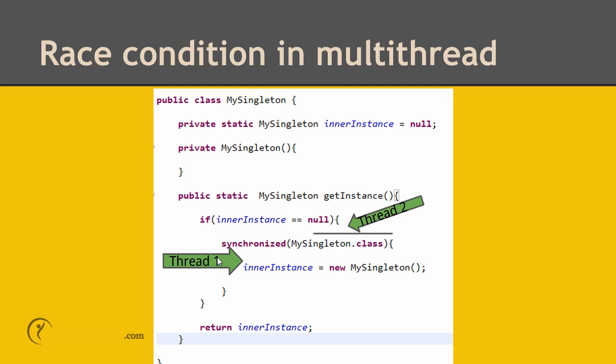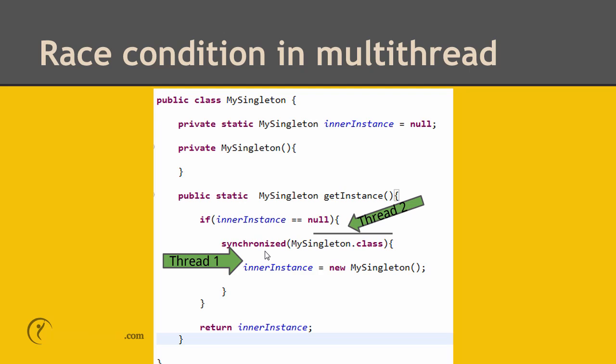Here thread 1 will initialize the inner instance, but after that thread 2 will move on with execution. So thread 2 will reinitialize the inner instance, because the synchronized block only prevents the simultaneous execution of multiple threads, but it will not prevent thread 2 from stepping into this block.